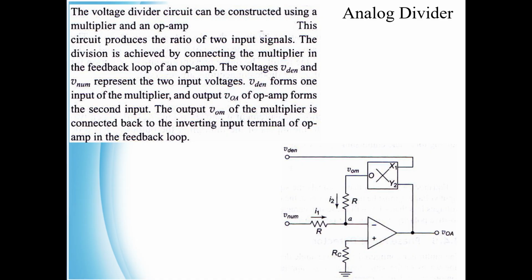Vden forms one input of the multiplier, and the output VOA of the op-amp forms the second input. The output VOM of the multiplier is connected back to the inverting input terminal of the operational amplifier in the feedback loop.